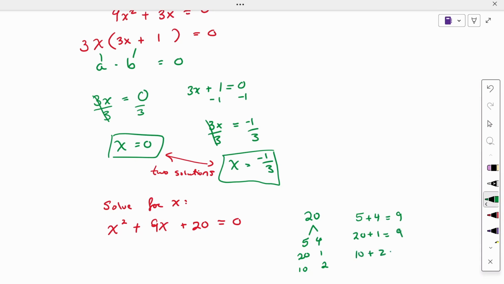Does 10 plus 2 equal 9? Of course, 20 plus 1 and 10 plus 2 don't fit the bill, but 5 plus 4 does equal 9. So our conclusion is that the factors must be x plus 5 times the quantity x plus 4. This means that x plus 5 is equal to 0, or x is equal to negative 5, but it also means that x plus 4 is equal to 0, or x is equal to negative 4.